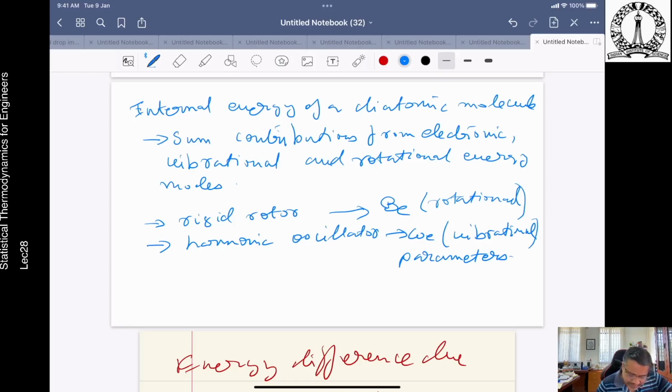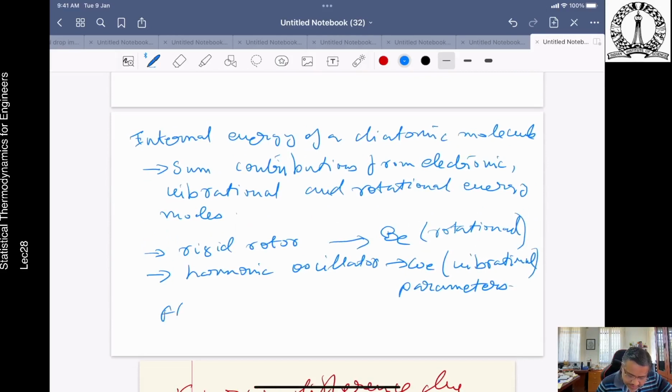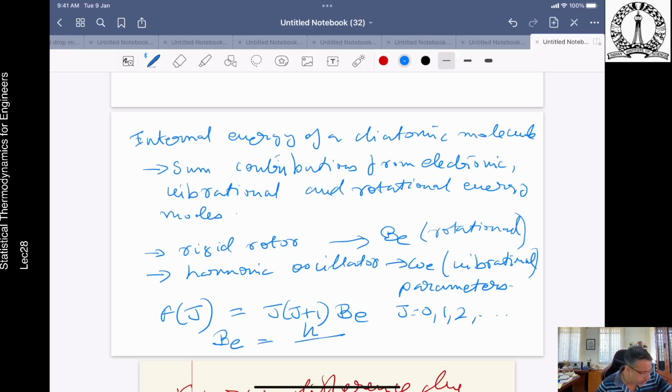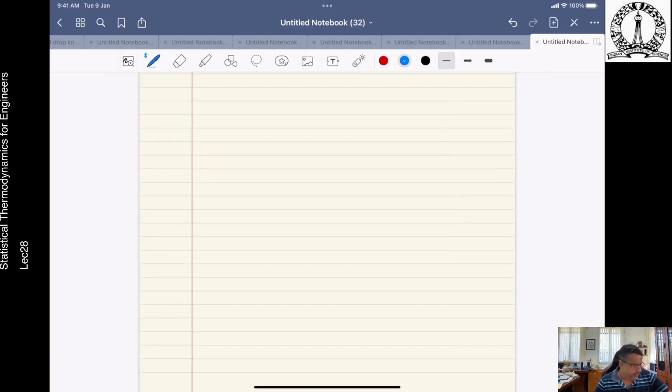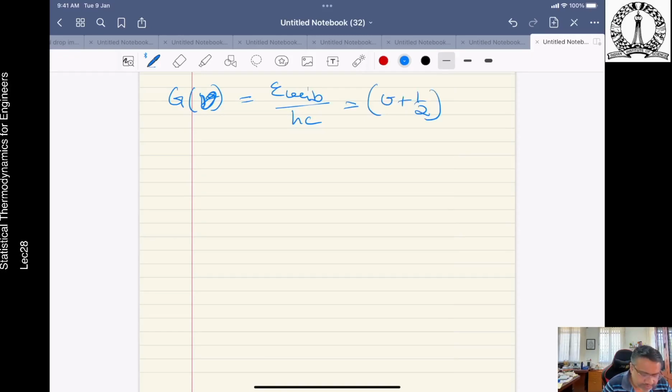Fj was given as j into j plus 1 into BE, where j is equal to 0, 1, 2, and so on, and BE, if you recall, was written as h by 8 pi squared c Ie. Then the other equation that we are going to use is Ev, the vibrational energy divided by hc, given as v plus half into omega E, where v is equal to 0, 1, 2, and so on.